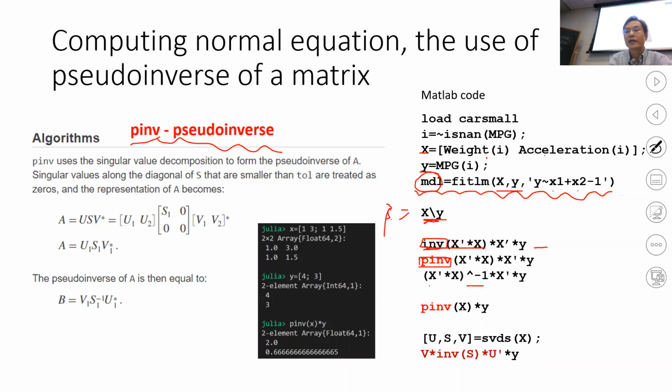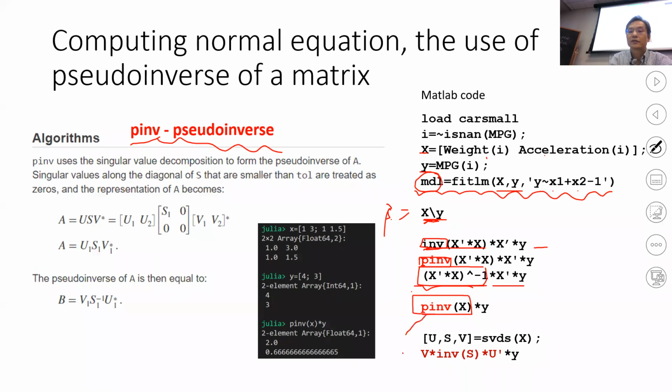Or you can even write it more similar to the equation itself. You have this negative power, -1 power, to replace the inversion. Or you can directly use this inversion and pseudo inversion on that.